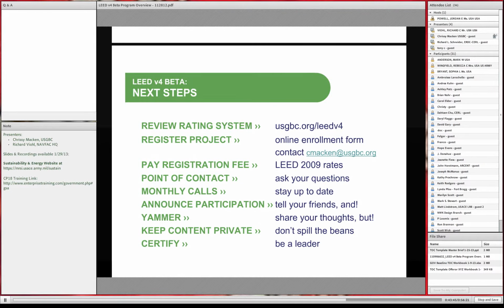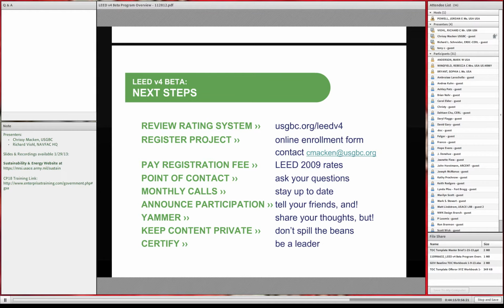So as part of participation, we do ask that project teams sign a non-disclosure agreement only related to the forms, reference guide, our LEED Online, our proprietary material that we don't want getting out before it's in its final form for the market. And of course, bringing the final step of bringing a project through certification, you'll be featured as a leader at Greenbuild.